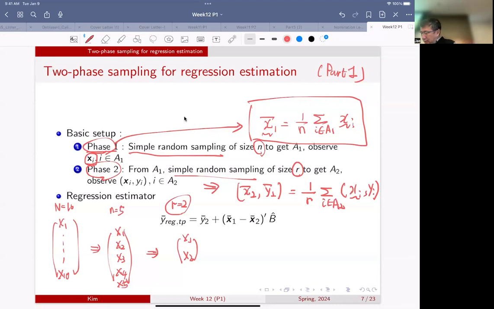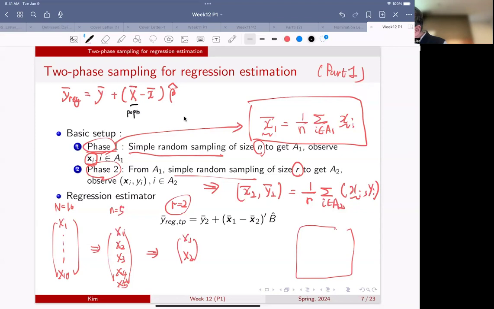So then the idea is simple. The usual regression estimator is this, where this is the population mean and this is the sample mean. So this is the usual regression estimator.